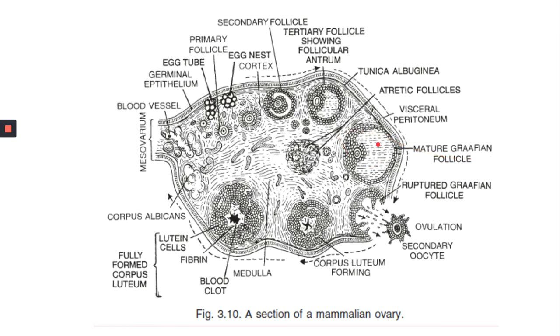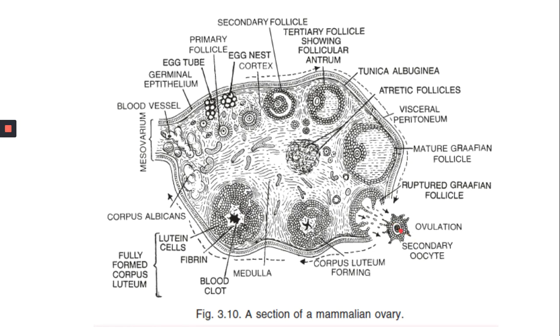Once the fluid filled space becomes more swollen, after a point of time, the germinal epithelium region of this ovary will burst, and this secondary oocyte, which was formed after one meiosis division, will get released out.